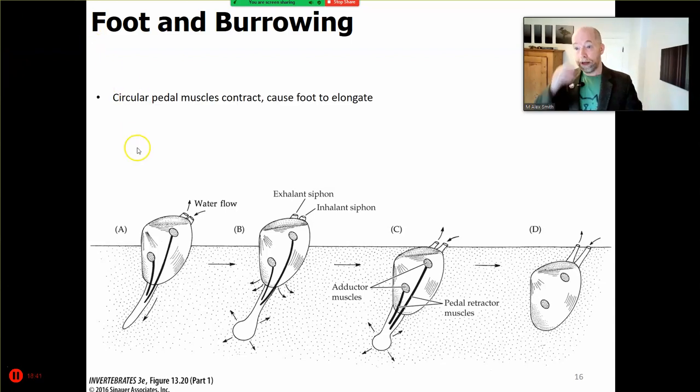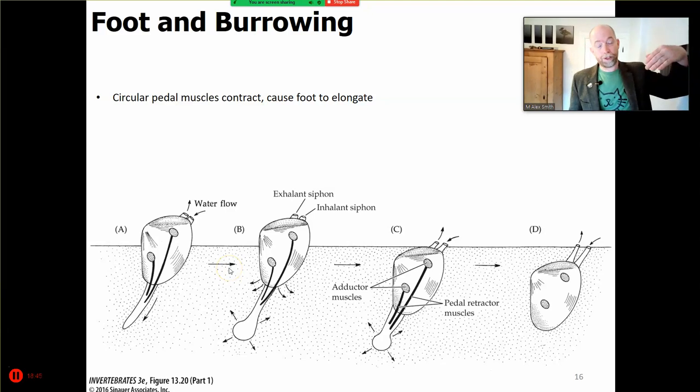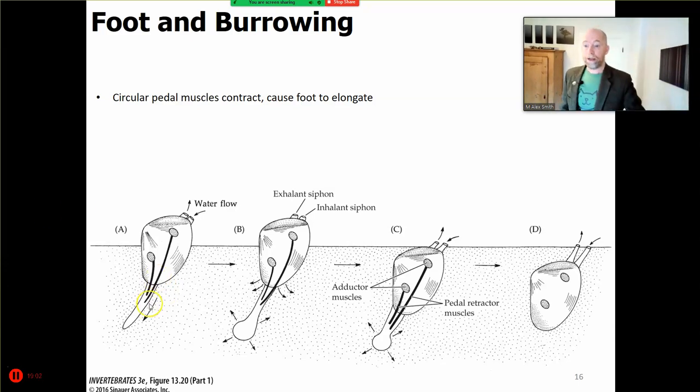But the circular pedal muscles contract, just as we've seen with practically all of the other organisms with a hydrostatic skeleton. We talked about antagonistic muscle layers, and so the foot extends as the circular muscles around it contract, and then different firing anchors it, and that can then pull the bivalve under the surface.